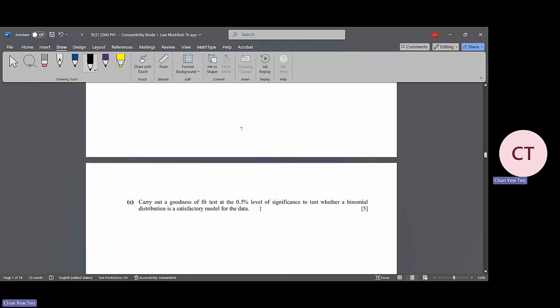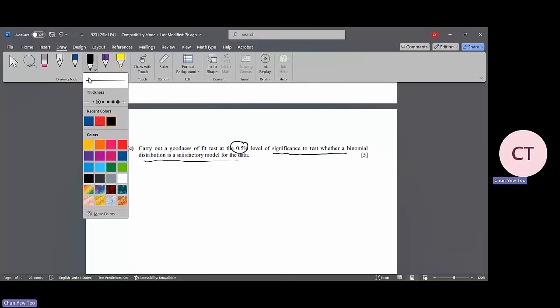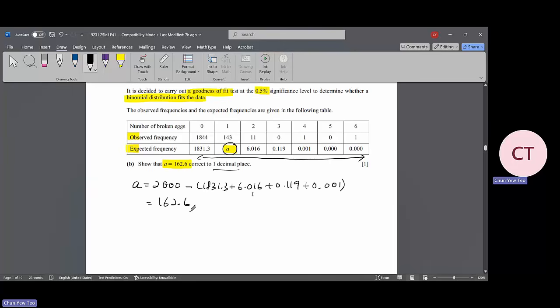Now moving on, carry out a goodness of fit test at the 0.5% level of significance to test whether the binomial distribution is a satisfactory model for the data. So we need to build the data first, because over here you can see that 4 of the values have an expected frequency less than 5.